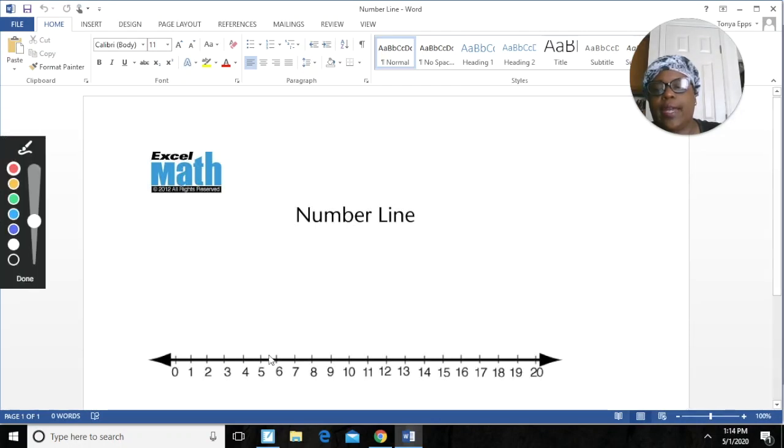So here we start at 5, and we're going to go back 4 spaces. 1, 2, 3, 4. What answer did you come up with? Did you say 1? If you did, you were correct.